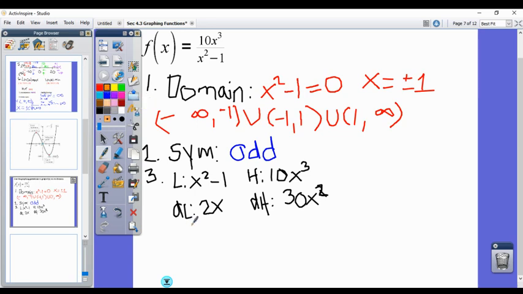30x squared times x squared minus 1, minus 10x cubed times 2x, all divided by x squared minus 1 squared.